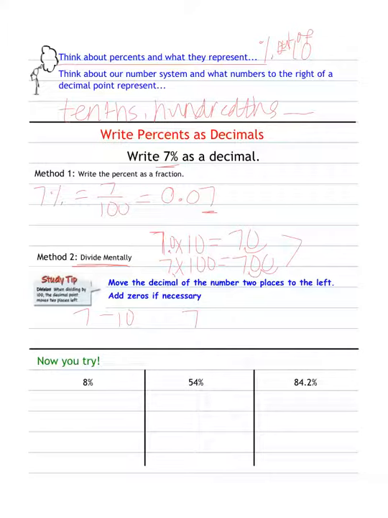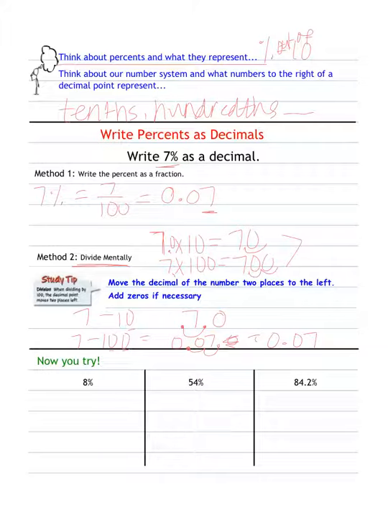So if I divide by 10, I'm doing the opposite: I'm just moving my decimal to the left 1, because there's 1 zero. If I divide by 100, I'm going to take 7.0, and there's 2 zeros, so I'm going to move my decimal to the left 2, and then I have to add in some zeros. So then this 0 goes away, and it would be 0.07.